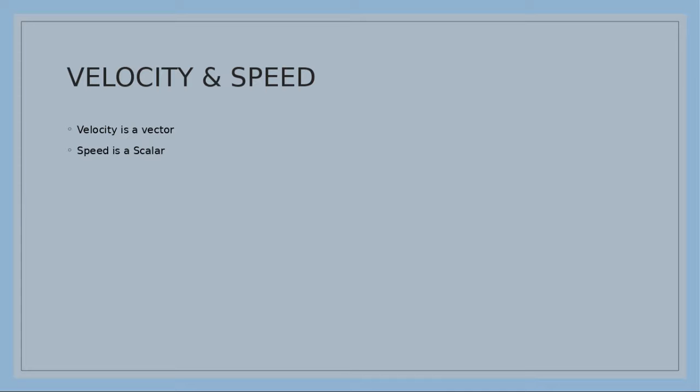Before, I did give this equation for velocity. It's given by this here. But this is actually the average velocity. There's something called average velocity and there's instantaneous velocity, right?